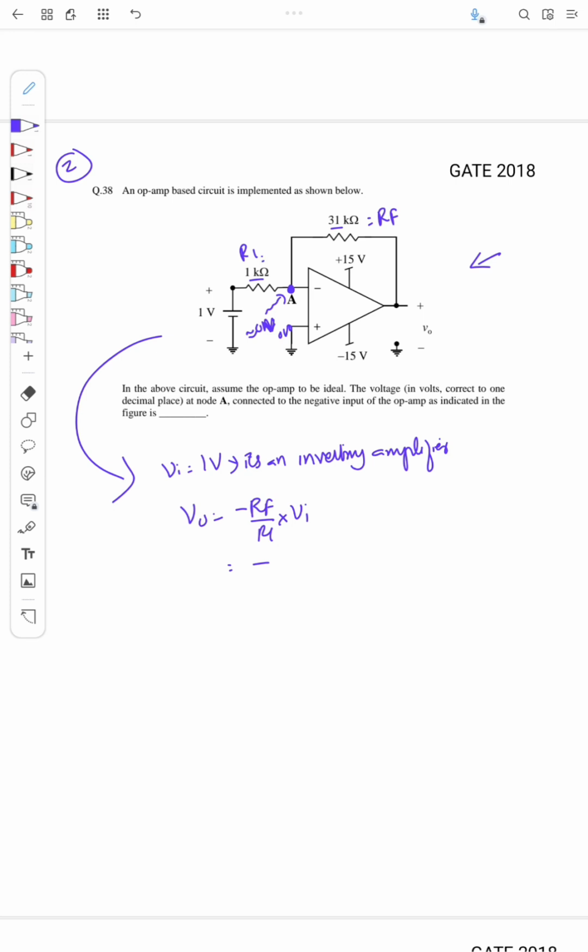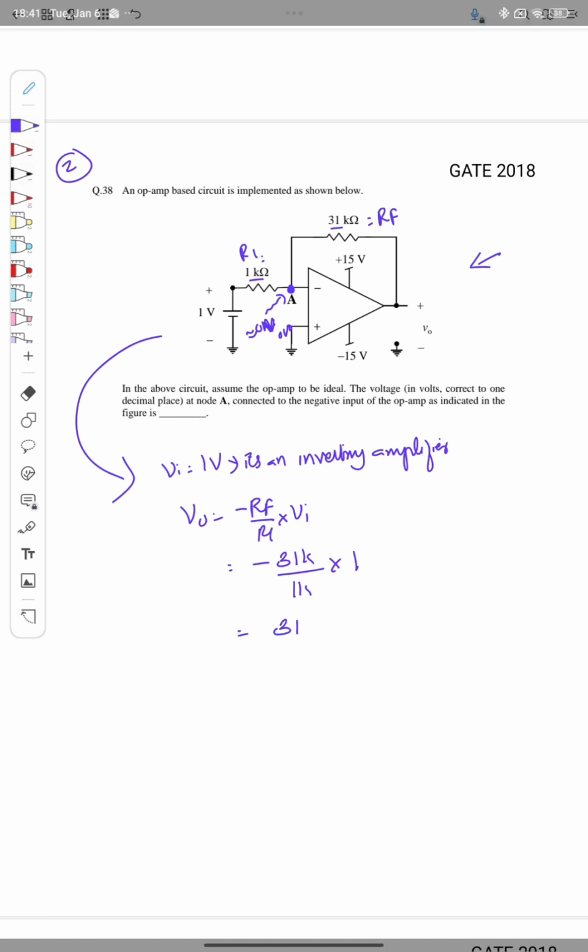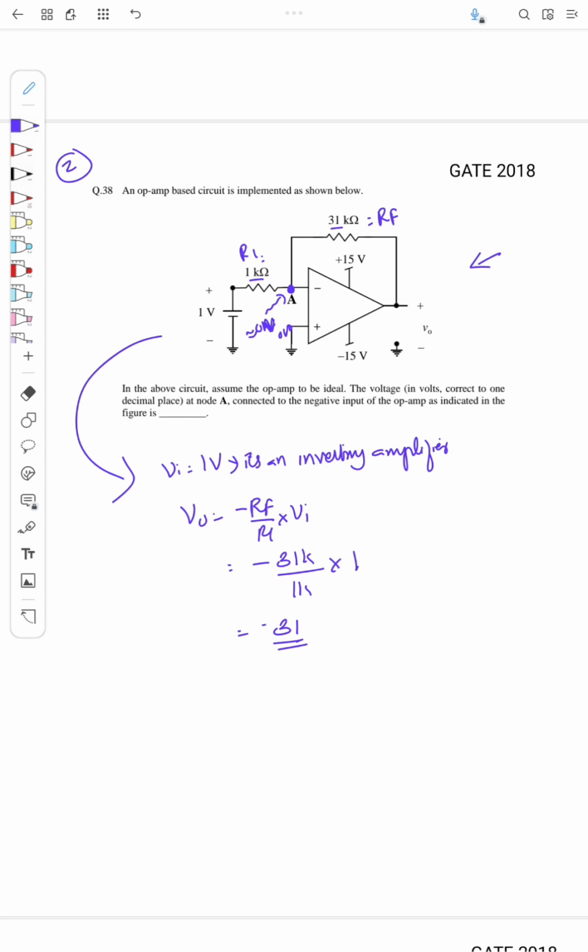So I will put minus 31k by 1k, that into 1. So this will be equal to minus 31. So V naught is minus 31.